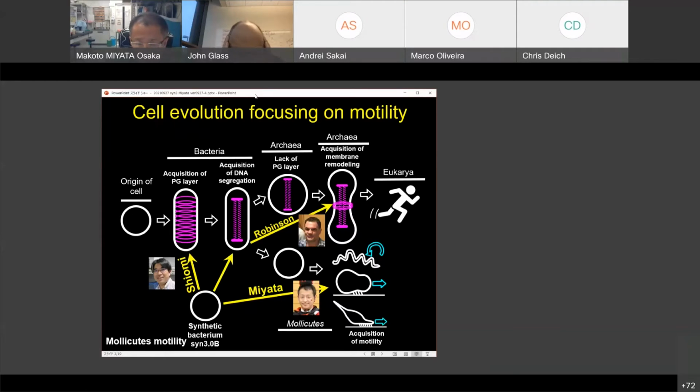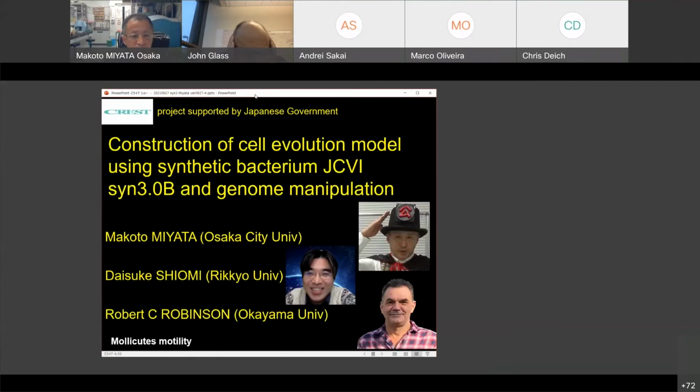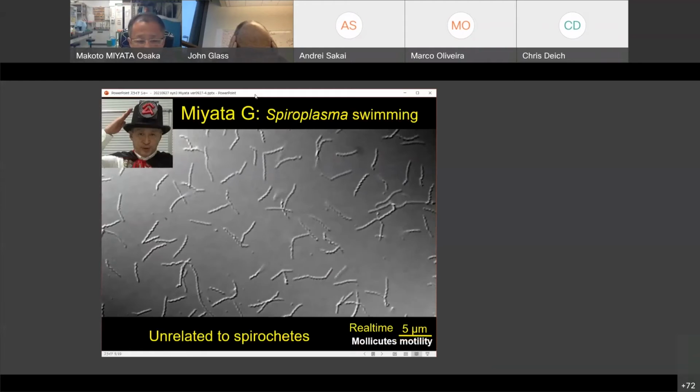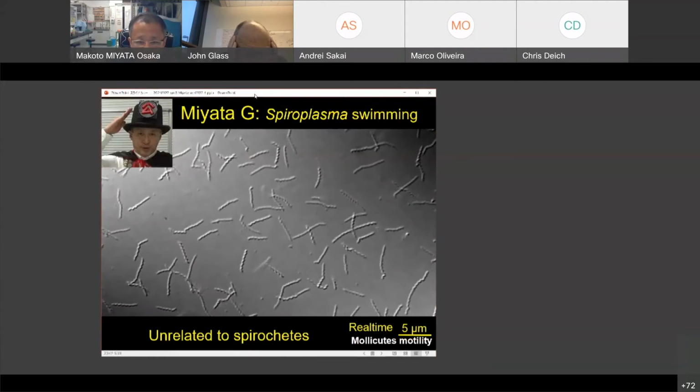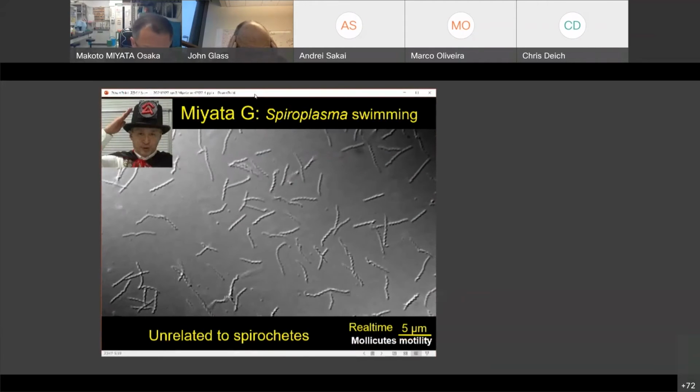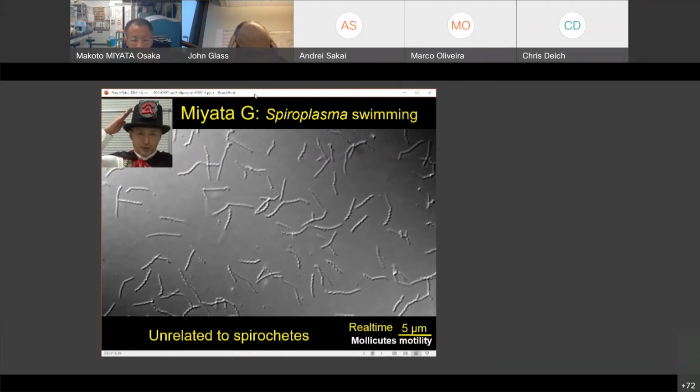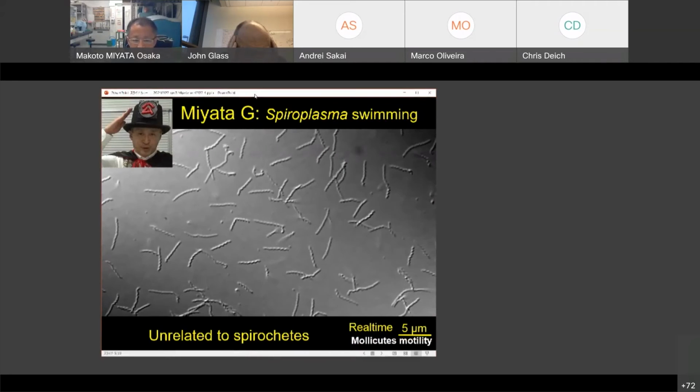It means the reconstitution of the cytoskeleton system. Our project is supported by the CREST project by the Japanese government. Today, I focus on the project of our group, the reconstitution of the class Mollicutes motility systems.